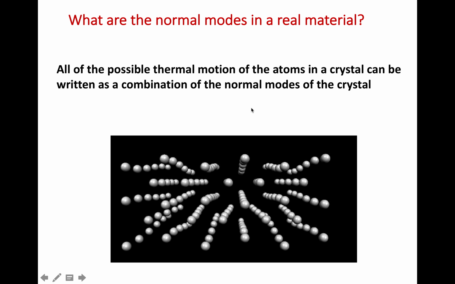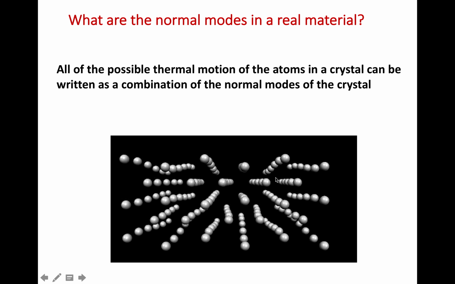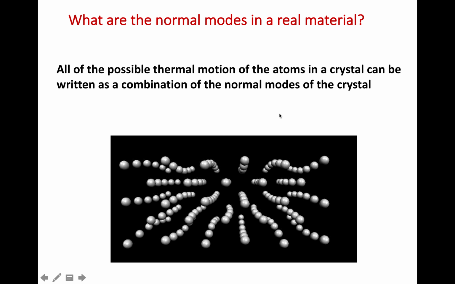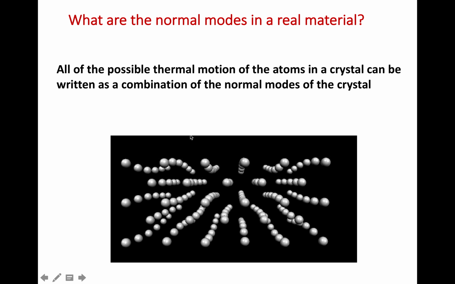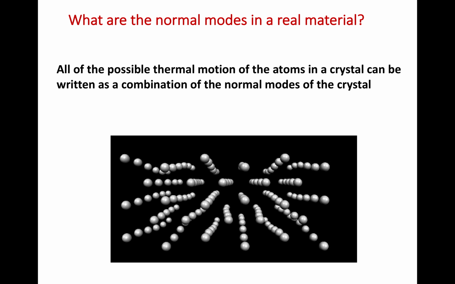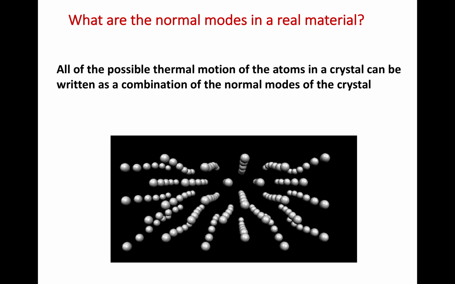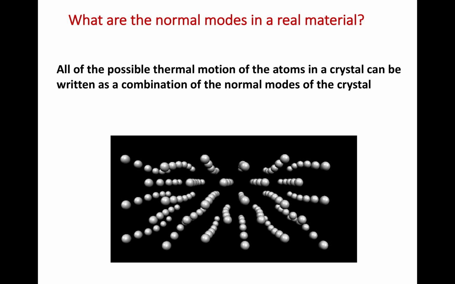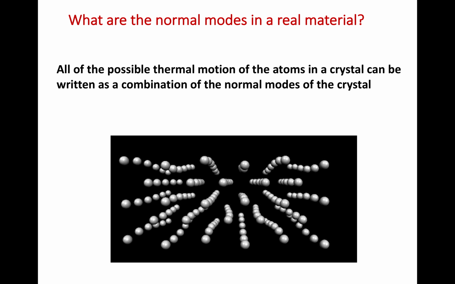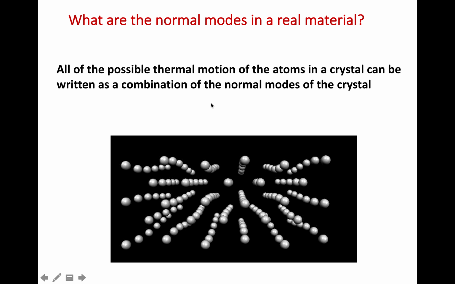Okay, so what's important about those normal modes? Each of them is a unique way of displacing the atoms. And what it means is that any way that you can distort the crystal, anything you could imagine doing to it mechanically, taking your atomic force microscope tip and driving it into the crystal and doing something dramatic to it, any motion of the crystal atoms can be written as a superposition of the different normal modes of the crystal.